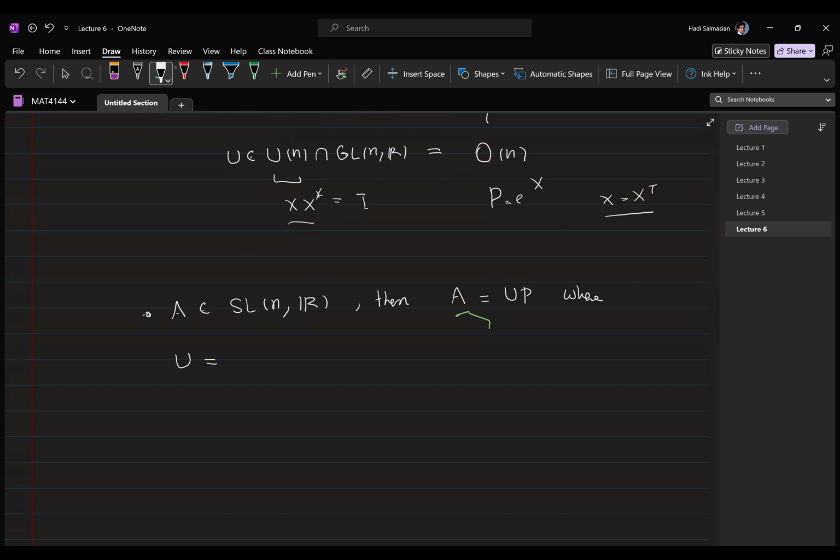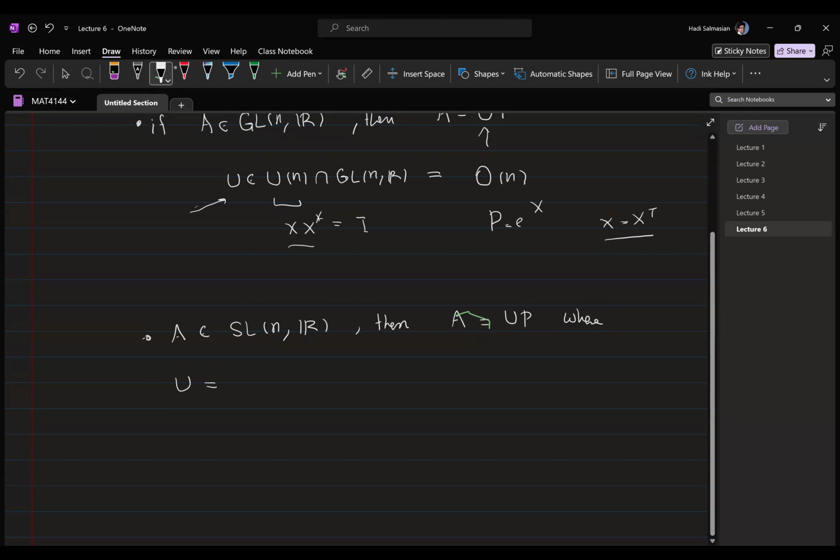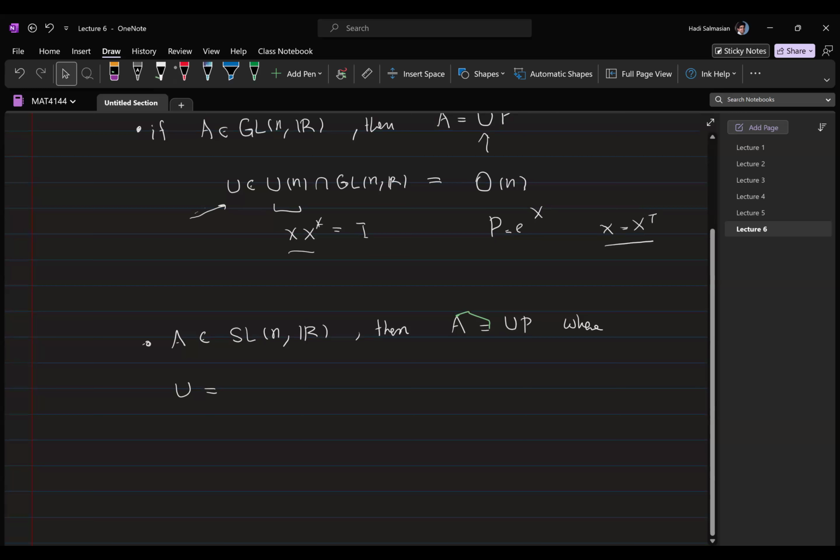Well, just like before, U will be in GLNR, but also that square root, everything will lie inside SLNR. In other words, this U will belong to UN intersect SLNR. So there's one extra condition on the determinant. So you end up with elements of SON R, which means matrices such that U transpose U is identity and the determinant of U is 1.